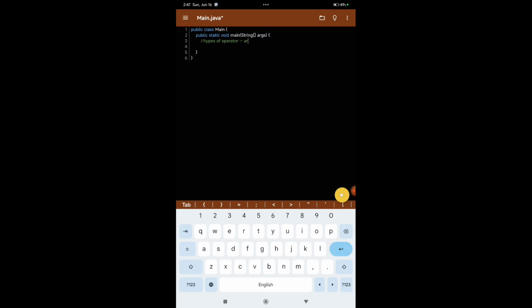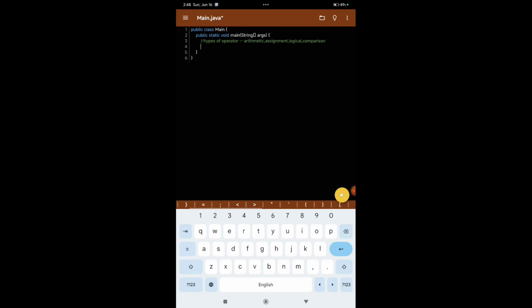These are simple arithmetic, assignment, logical, and fourth I think comparison. Now arithmetic operators I will discuss first, and then assignment, then logical, then comparison. So let's start the video.